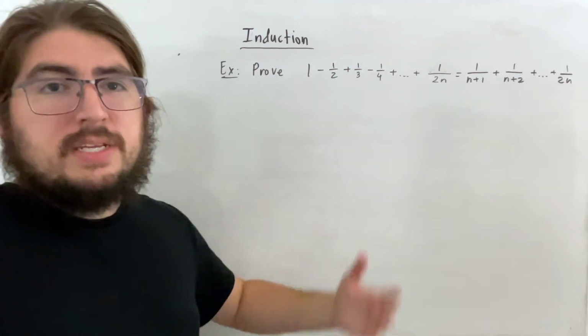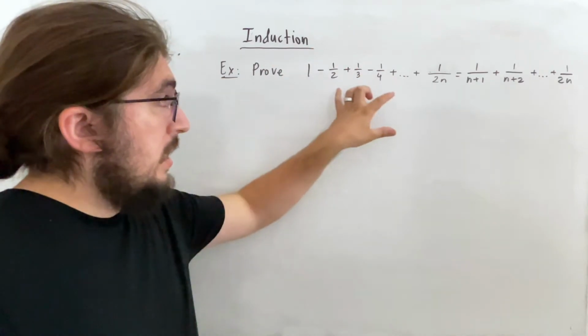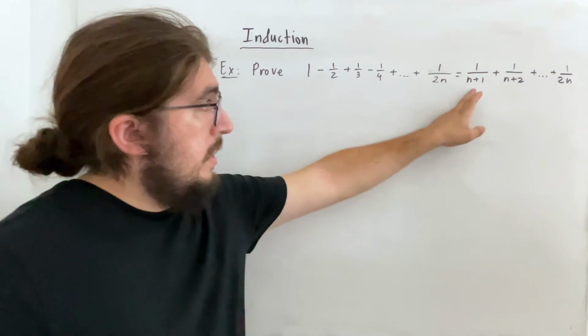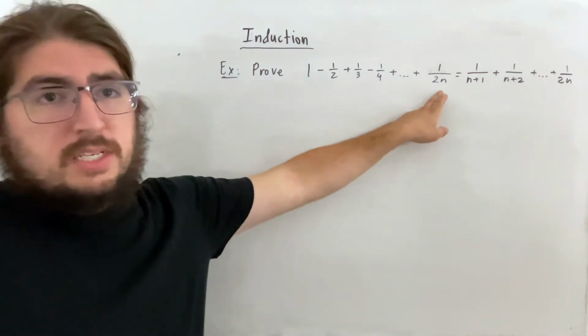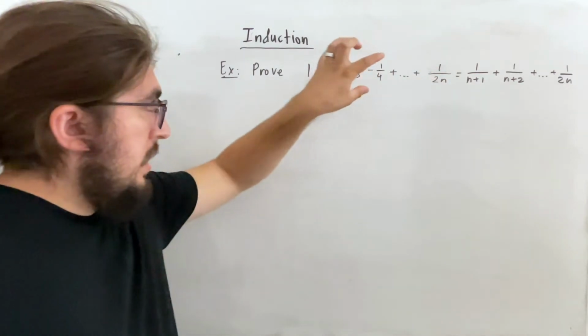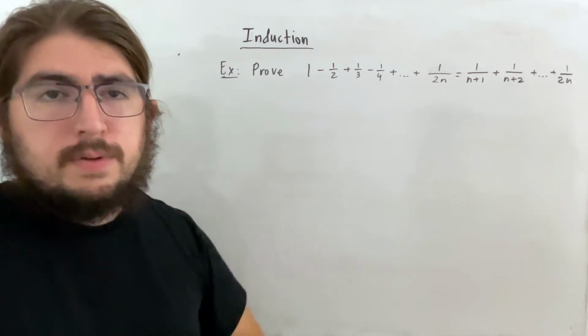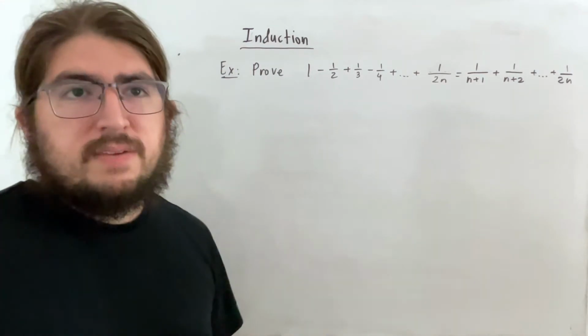But then you get double this, and there's a way to manipulate things, and you end up finding out that it's actually equal to the non-alternating harmonic series, but starting at the n plus 1 term, ending at the 2nth term. So the other thing is that you have to look at the alternating harmonic sum, because it's finite, up to the 2nth term, so up to an even term.